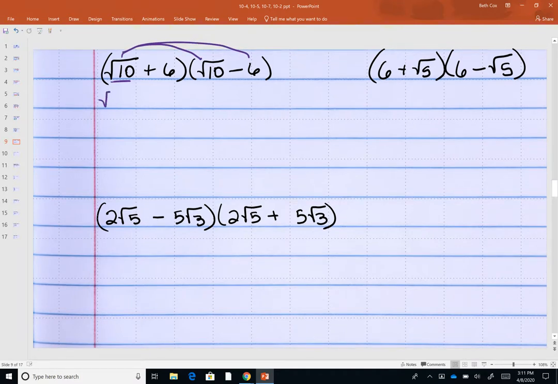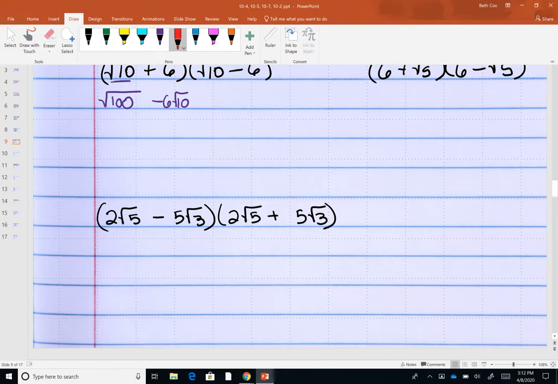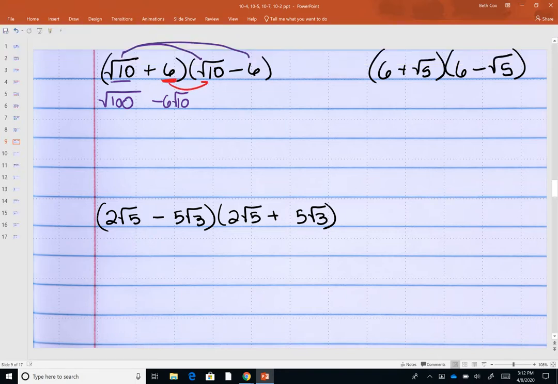That's going to give me the square root of 100 minus 6 times the square root of 10. Then I'll do the inside: do that, and then that one. So that'll be plus 6 square roots of 10 minus 36. Now when we simplify this, notice that the like terms make 0. So they're gone.